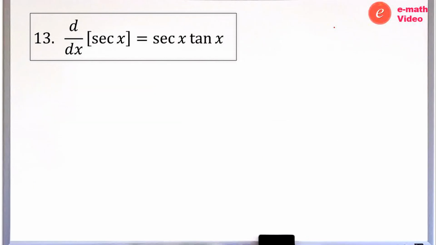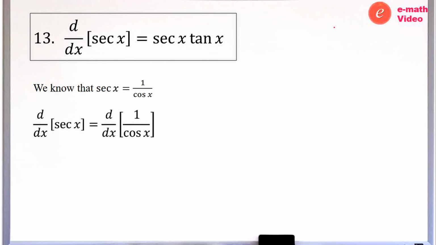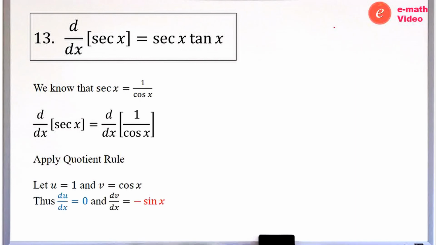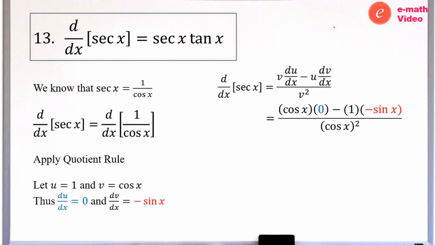Number 13, the derivative of secant x. We know that secant x equals the reciprocal of cos x, so I don't want to read this again. Open your formula sheet and see, it is still a quotient. Apply the quotient rule, let u equal 1 and v equal cos x. Thus du over dx equals 0, dv over dx equals negative sin x. Write out the formula again, do the substitution again.